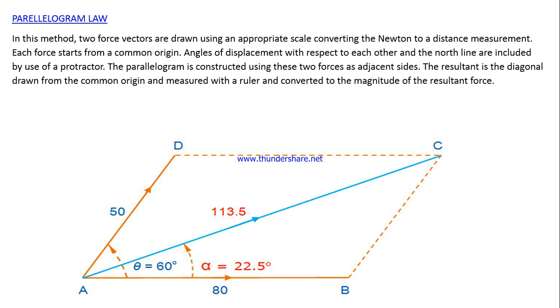We're going to assume a scale of 1 centimeter representing a certain amount of newtons, and we're going to draw our forces using a protractor to put in the angles between those forces, and then complete the parallelogram. After we complete the parallelogram, we're going to draw in our resultant, or diagonal, and take a ruler and measure that.